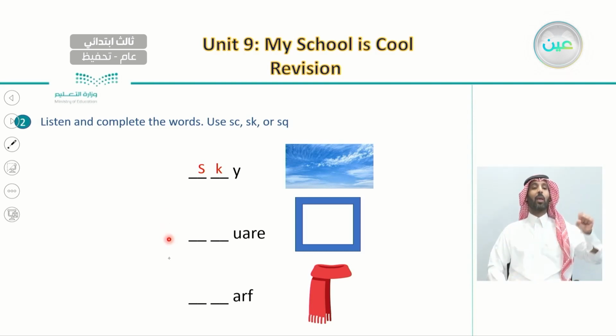Here, we should fill it in with S and Q. Square. And let us move on to the third one. Here, we need to listen to the sound, and then decide what letters we should fill it in with. The last word is scarf. Scarf. So here we fill it in with S and C.